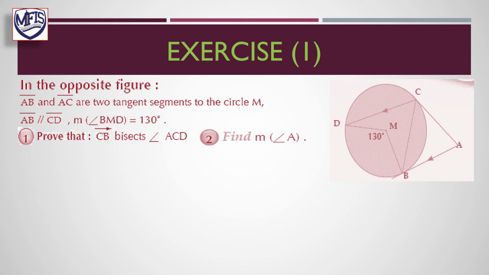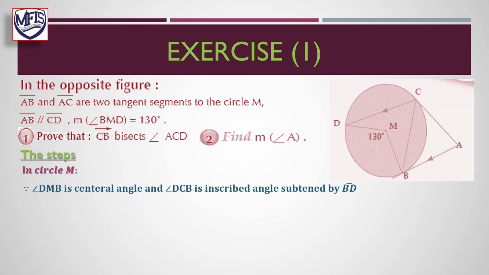Let's see our steps. In circle M, since angle DMB is a central angle and angle DCB is an inscribed angle subtended by the same arc BD, therefore measure angle DMB is twice measure angle DCB.